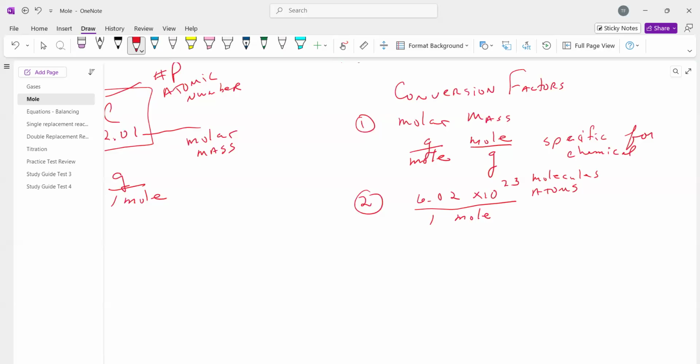And then, of course, the inverse is true. Now that's non-chemical specific. So it doesn't matter if it's water or carbon dioxide, it's still 6.02 times 10 to the 23rd. Molar mass, though, is very, very specific. So remember that when we're counting how many, these are the key words you key into.